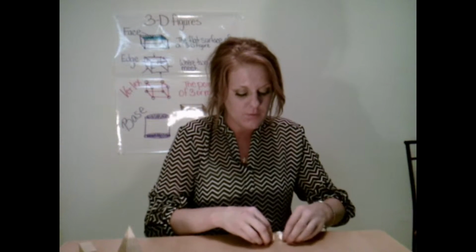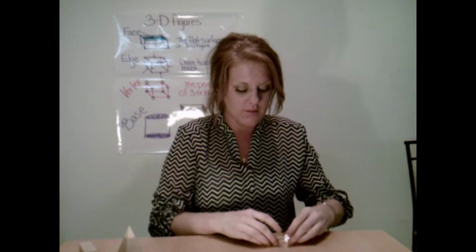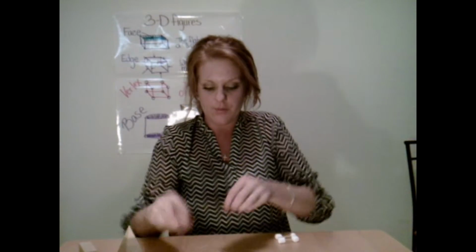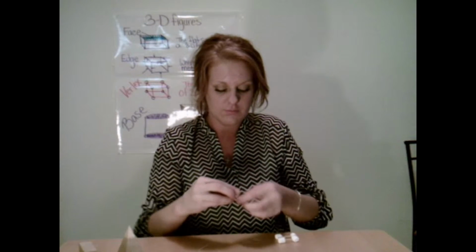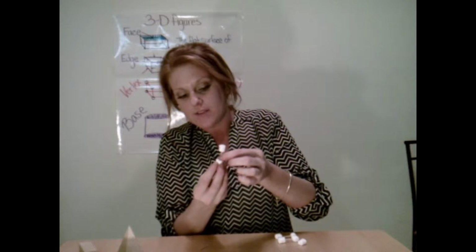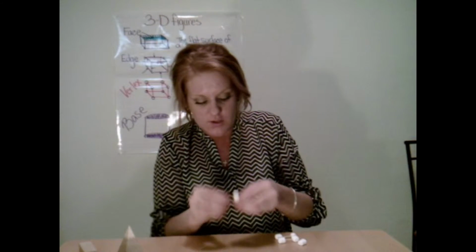Alright, here's our first small square. Now let's make one more. Again, connecting the marshmallows to the tips of the toothpicks until we have a small square.